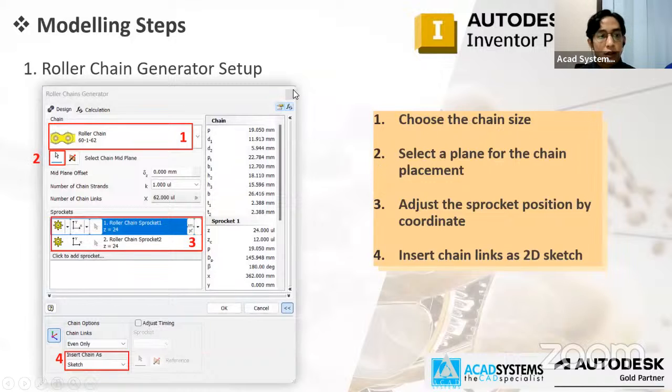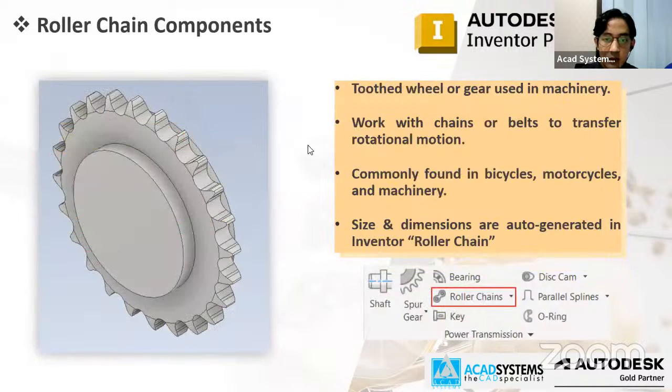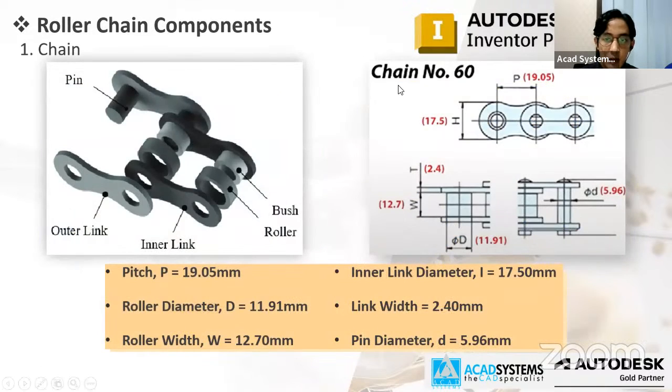Moving on to the modeling steps. As I mentioned before, we have the roller chain generator over here. The first modeling step is to set up this generator. I will explain this in more detail further in the lesson. The first step is to choose the chain size, which is 60, like this one over here, chain number 60.